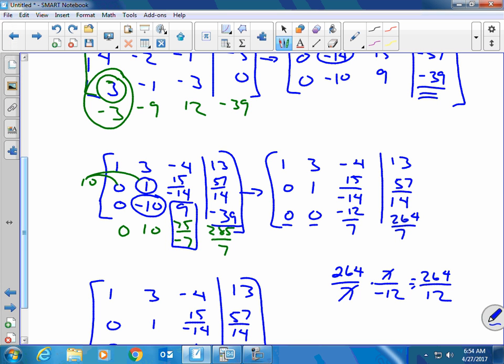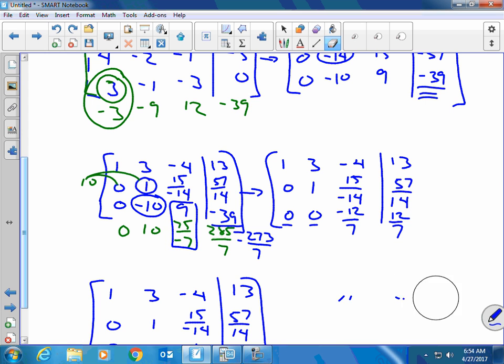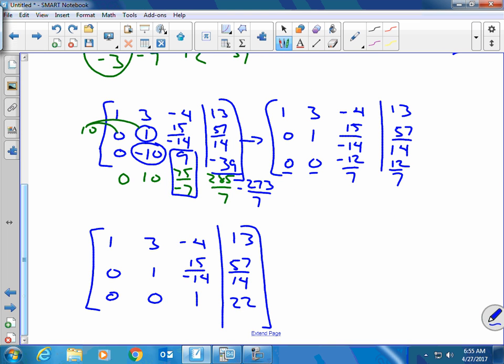So if I find a common denominator, the 57 over 14 is still reduced down to 285 over 7, and then the negative 39, making that a common denominator, gives me a negative 273 over 7. And when I work that out, I get 12 over 7. So this is gone. And I get a much nicer number down here.